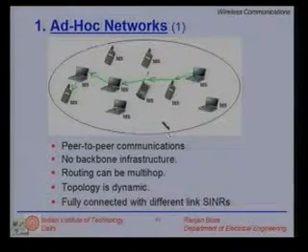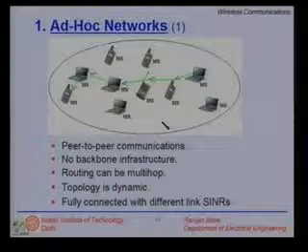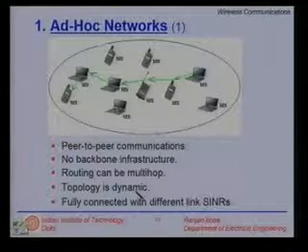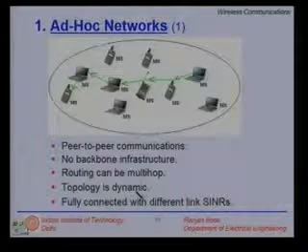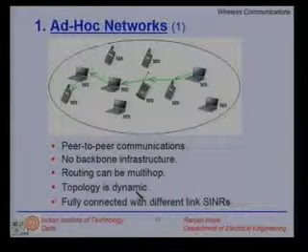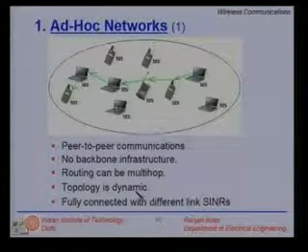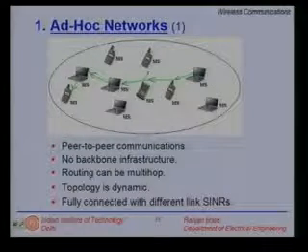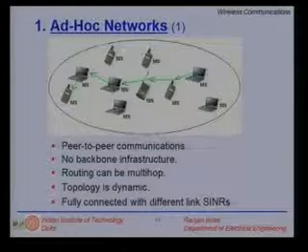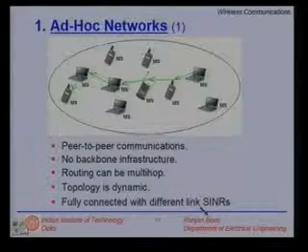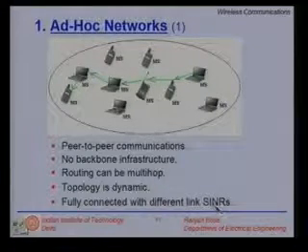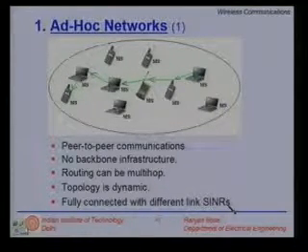Suddenly I switch on my second laptop. It forms another node. So the topology is dynamic. Somebody has to keep track of it. So the MAC layer, the medium access control layer, again has to be very well thought of and fully connected with different link, signal, interference, noise ratios.